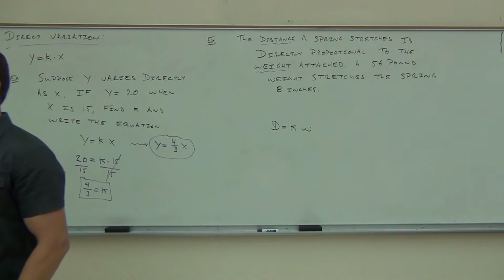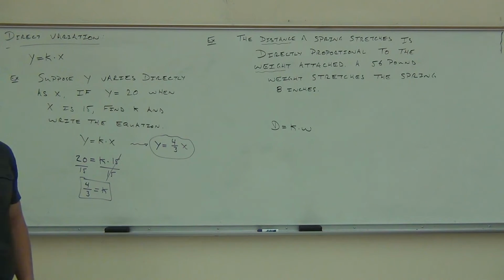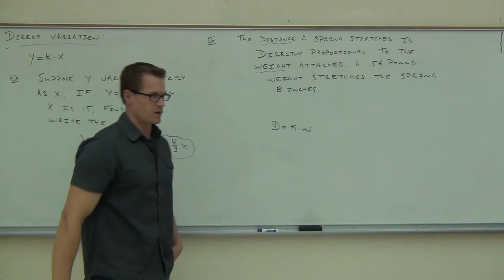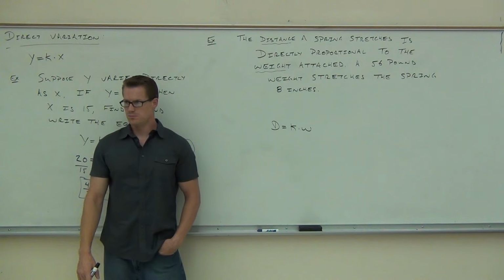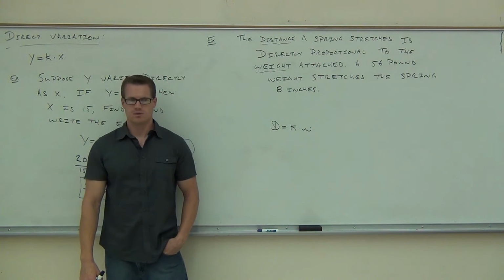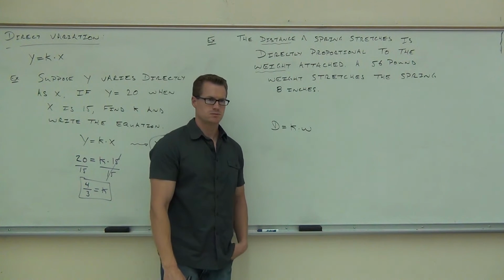Well, it tells you some pretty good information. Can you please tell me where's the 56 going to go in the equation we just made up? And where's 8 going to go?